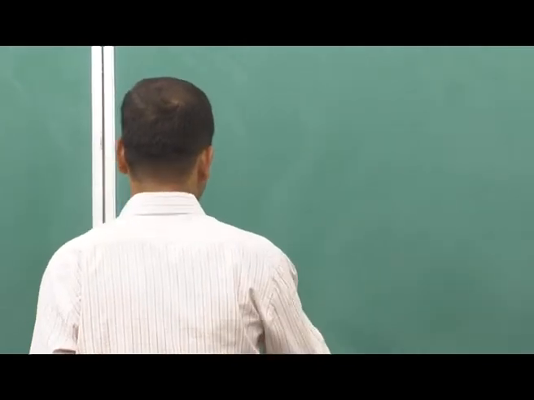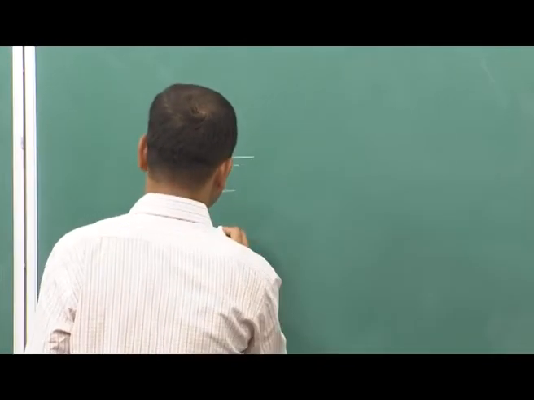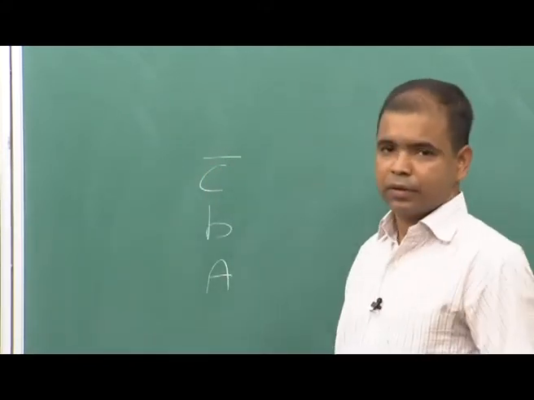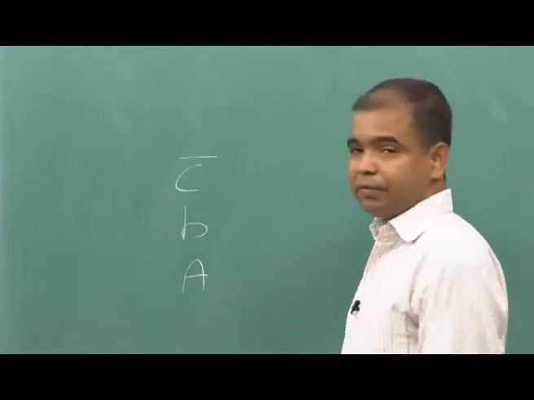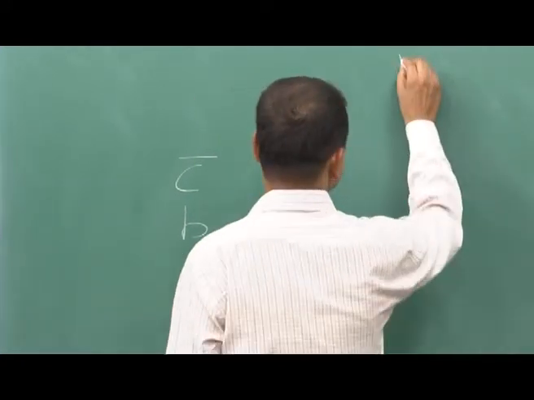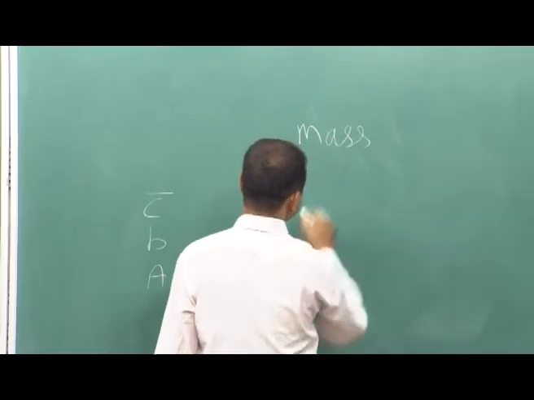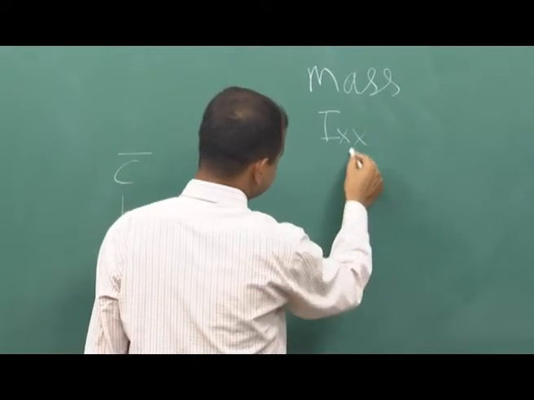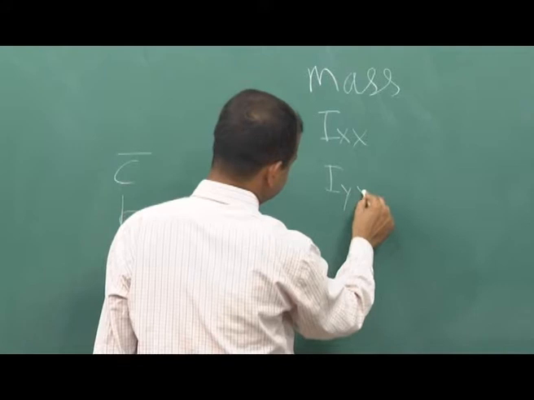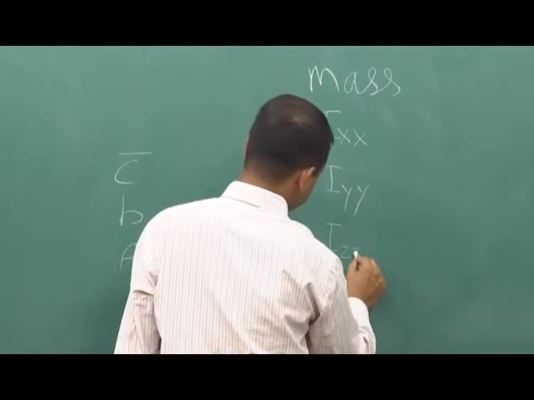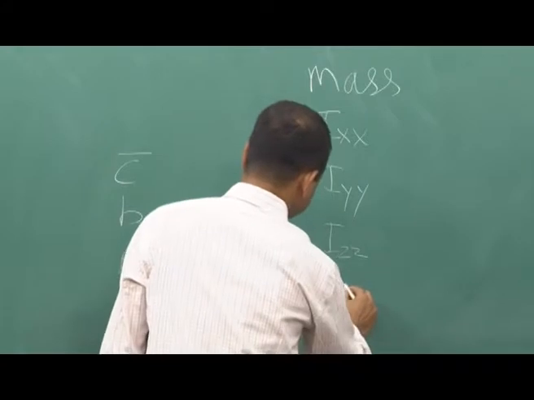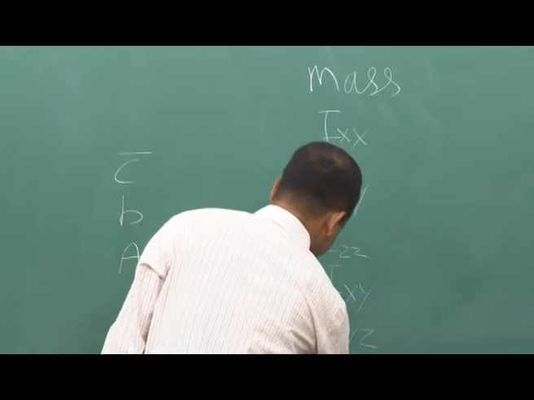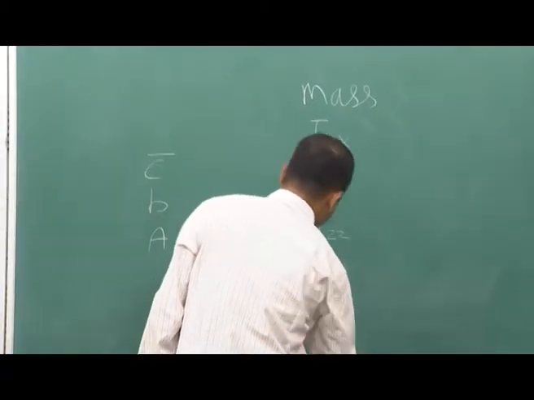You know all the dimensions of the aircraft, meaning you know the C bar, the wingspan, the area of the aircraft, and you are familiar with the inertial properties, meaning you know the mass, inertial components, that is Ixx, Iyy, Izz, and the cross products Ixy, Iyz and Ixz.